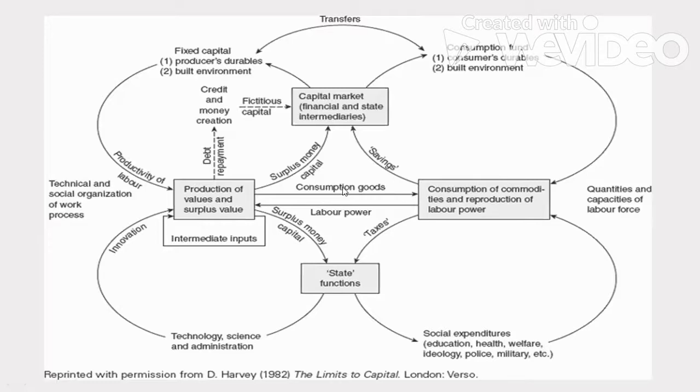This model shows how the secondary sector is running, how the tertiary sector is running, and ultimately technology and social expenditure, the two components of the tertiary sector, are run by the public, that is the state through taxes, and the private, that is the surplus money of the capitalist. So this is the circuit model.